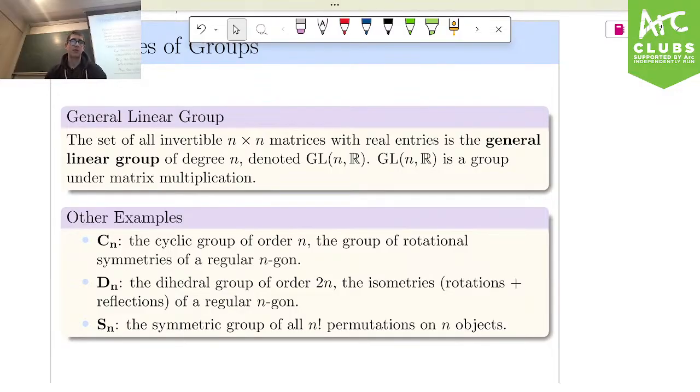If a matrix is invertible, then it's inside this general linear group, and the operation here is matrix multiplication. Hopefully you remember that with matrix multiplication, it's not necessarily true that AB is equal to BA all the time. Maybe there are cases where it is, but in general, it's not. And so that's an example of a non-abelian group.